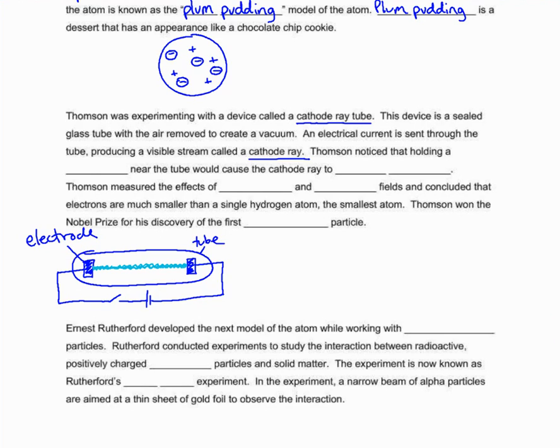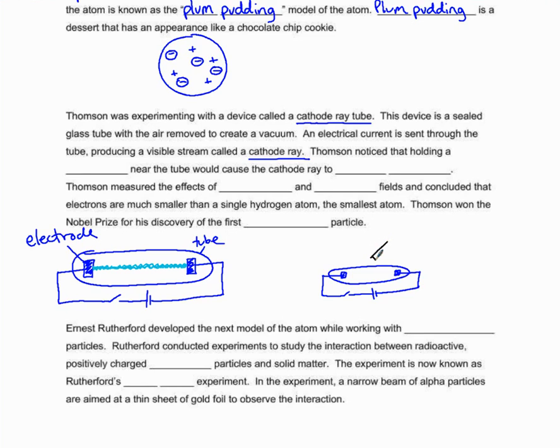So like any good scientist, he's going to figure out ways to experiment with this thing. And so what he comes up with is, I'm going to draw a smaller scale of the same thing without labels. There's the electrodes. There's the power. And this time he's going to do something different.